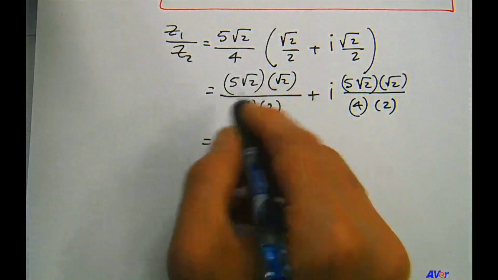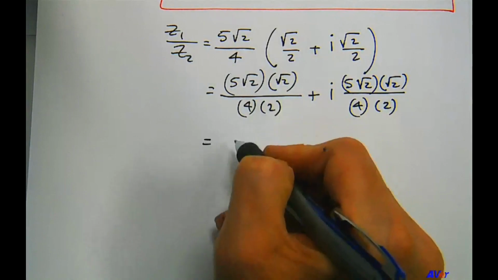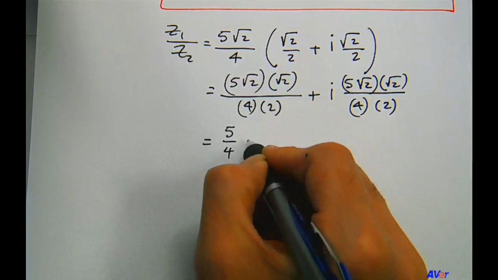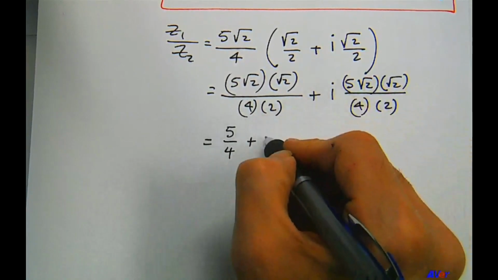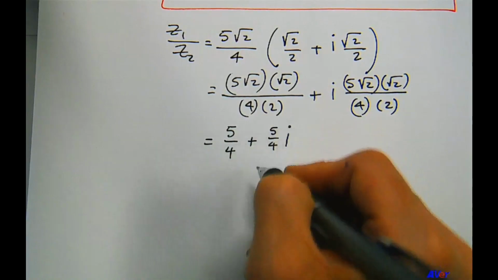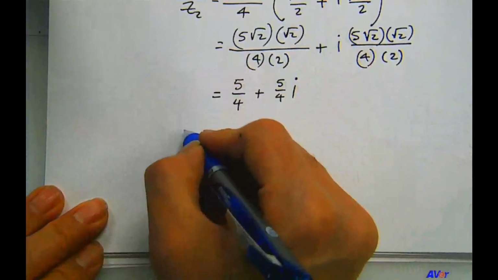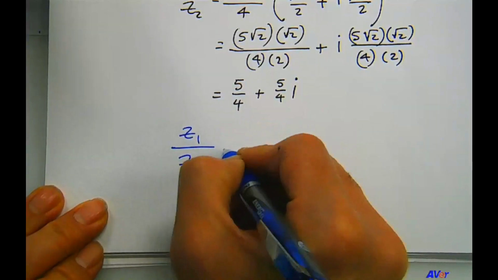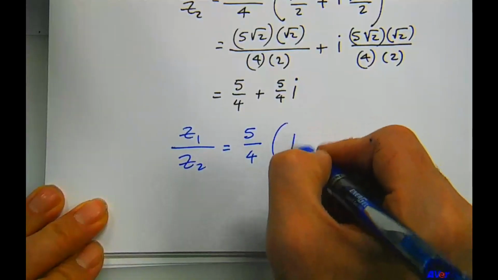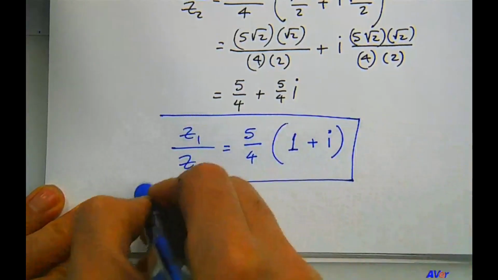Well, I'll box the final answer. Square root of 2 times square root of 2 is 2, which cancels with this 2 in the denominator. We end up with 5 over 4, plus the same thing, 5 over 4 times i. And then, of course, we can factor out the 5 over 4. So we have z1 over z2 equals 5 over 4 times 1 plus i.